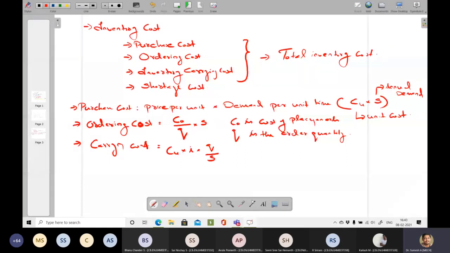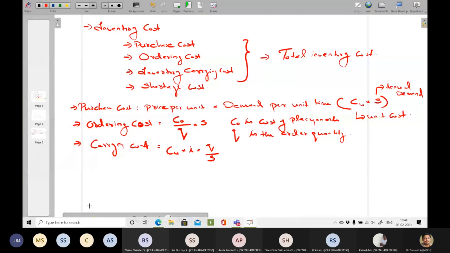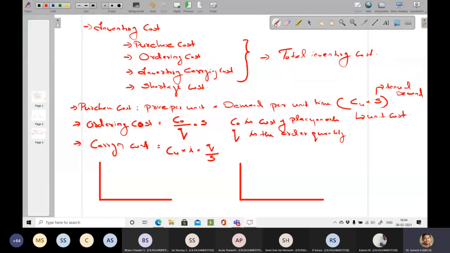If I plot these two, the ordering cost and the carrying cost, one will be a function like this and another will be a straight line like this. This will be your carrying cost and this will be your ordering cost.